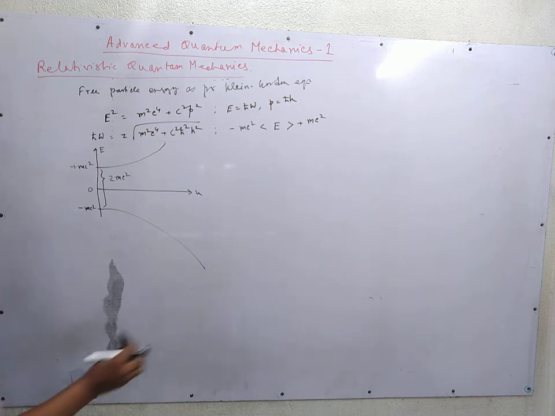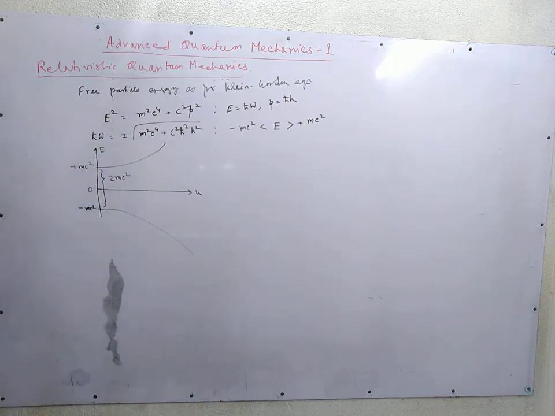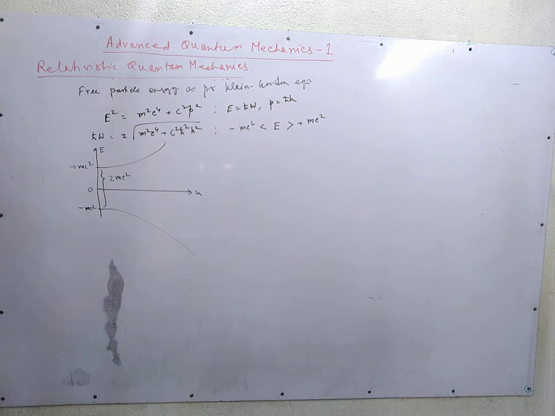And this was found to be astonishing, something surprising, that the negative value of energy increases with increasing k. If we could take a particle from a positive energy state to a negative energy state, then we could get a huge amount of energy, which seemed unphysical at the time when the Klein-Gordon theory was proposed.